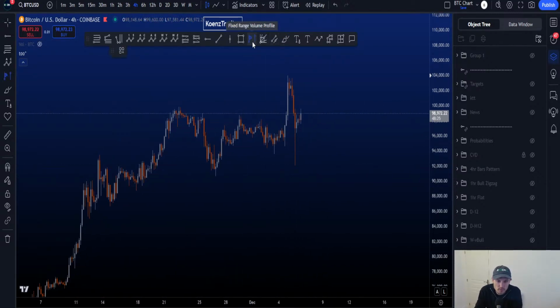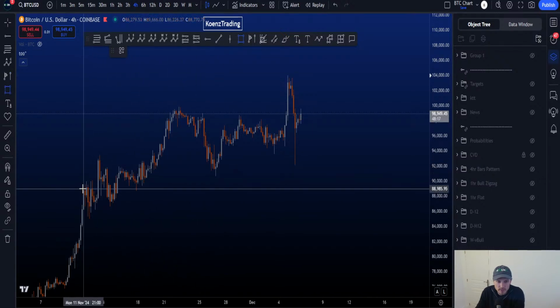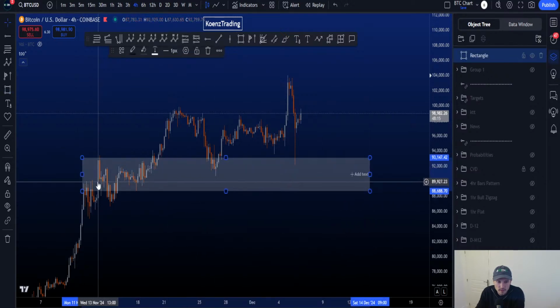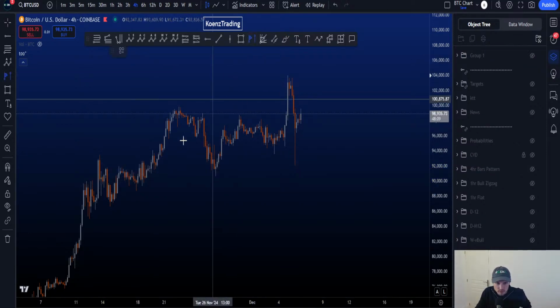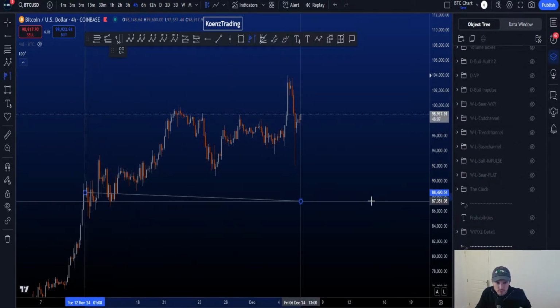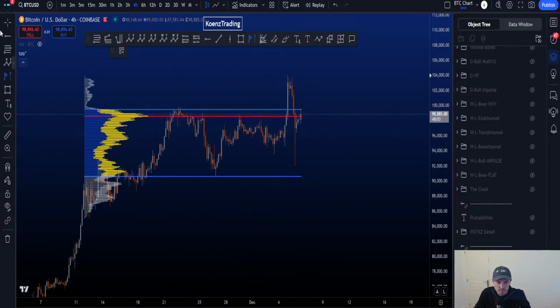So this low here was made in this range, on top of this range. What I then always like to do is pull a volume profile from the start of this range to the end, right?